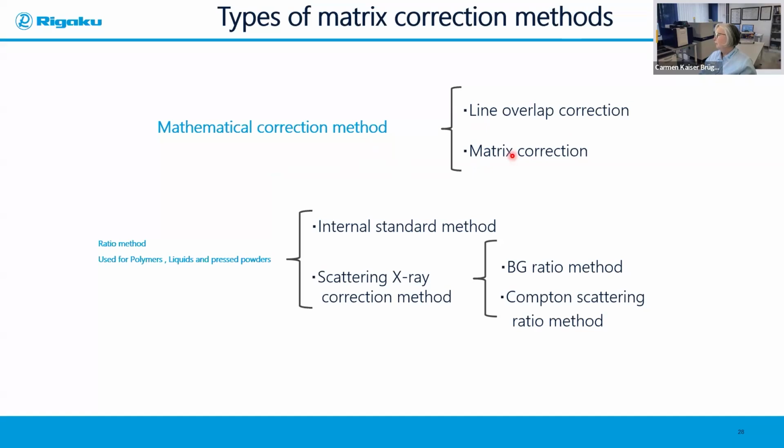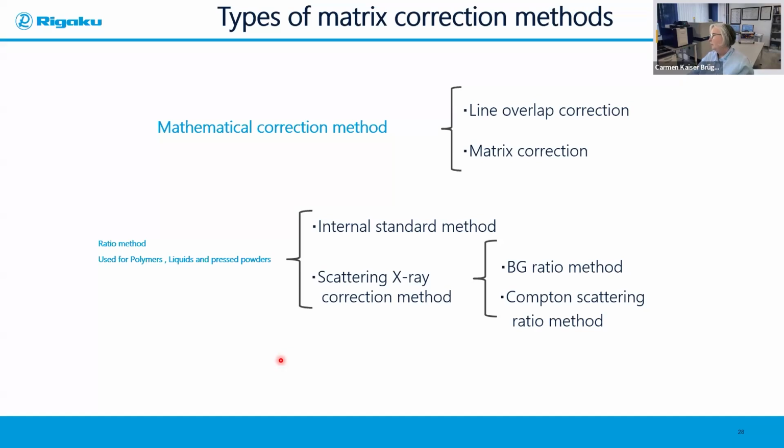And most importantly, if you want to measure trace elements, for example, I think in some of the previous webinars I've shown you that we can also use a ratio method. If you have a pressed powder method, we can even implement what we call the scattering X-ray correction method. Here we have the introduction of the matrix of the sample by measuring the scattered X-ray from that particular standard.